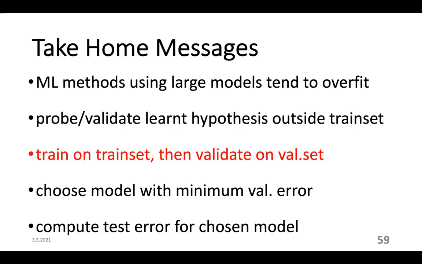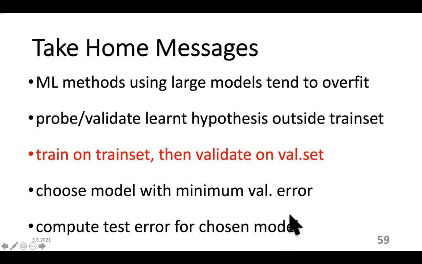So we need to probe and validate the learned hypothesis outside the training set. This is mandatory. After you train a model, you must validate the hypothesis that you get from the learning process outside the training set, on a validation set.